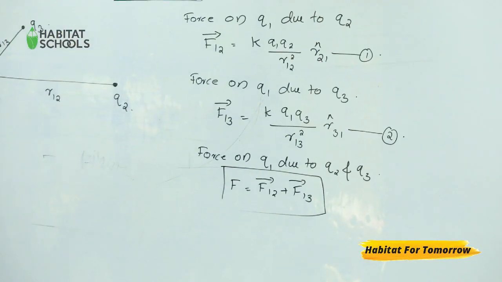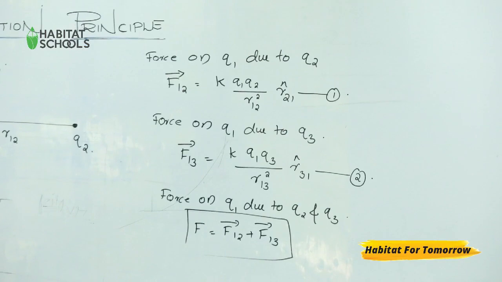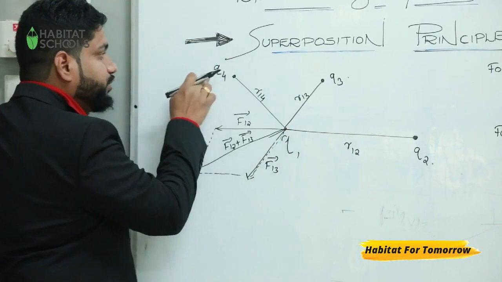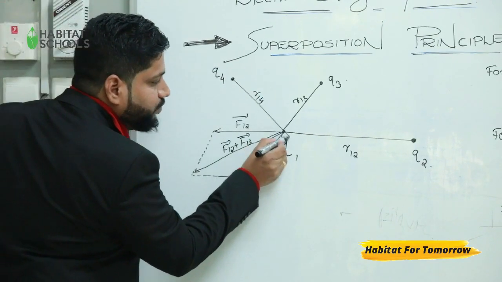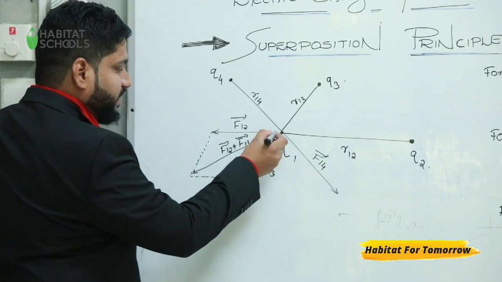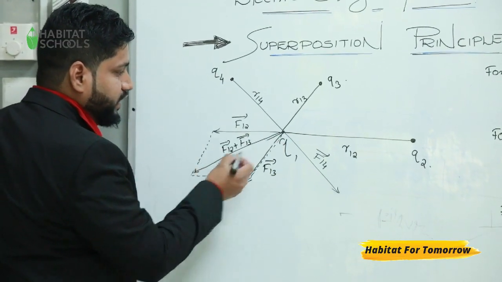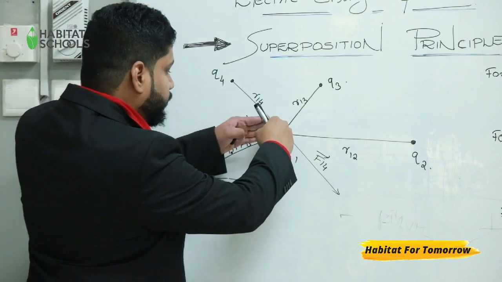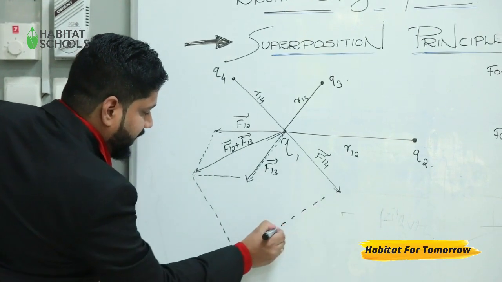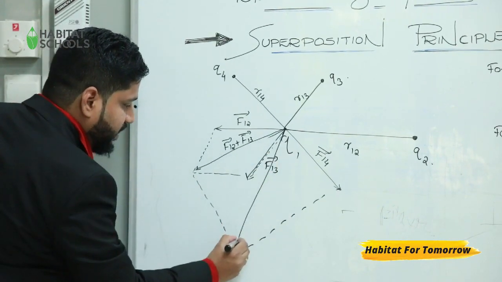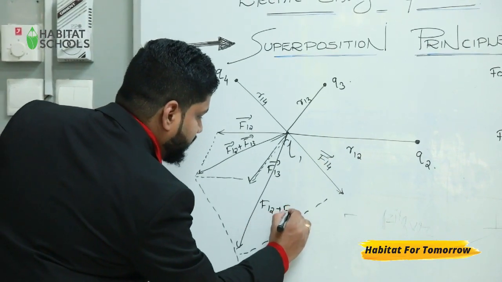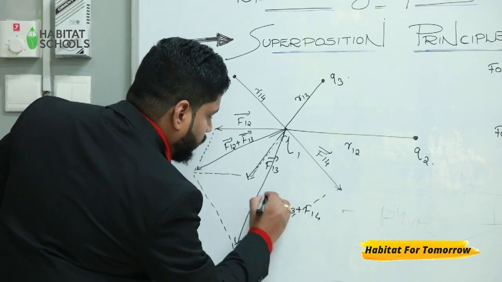Very important. After that, one more charge is there, Q4. Then what is the electrostatic force on charge Q1 due to Q4? That force direction will be here, that is F14. So F12 plus F13 and F14 are the two sides of a parallelogram. According to the parallelogram law of vector addition, this diagonal will be the resultant of these vectors, that is F12 plus F13 plus F14.